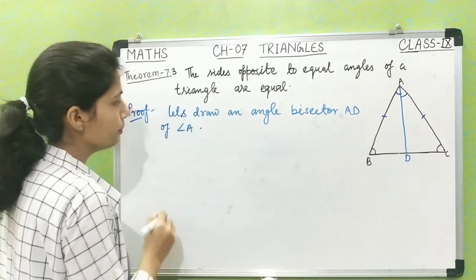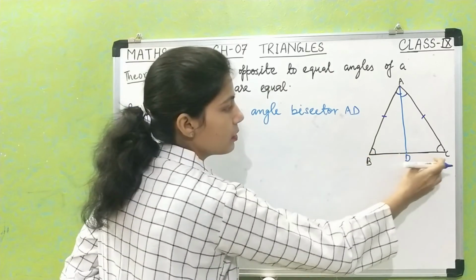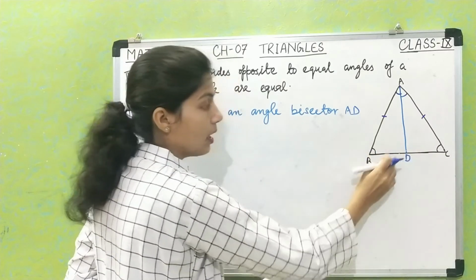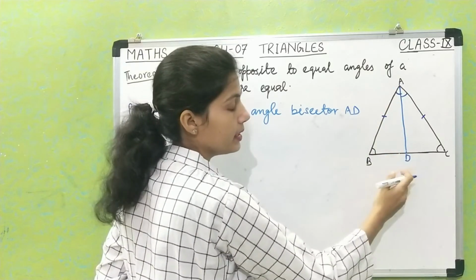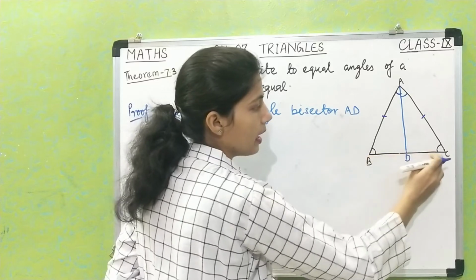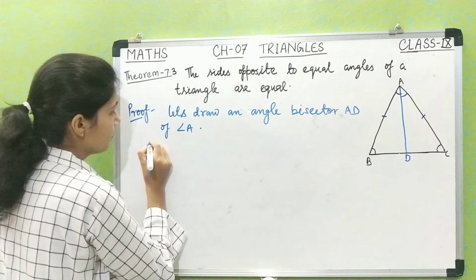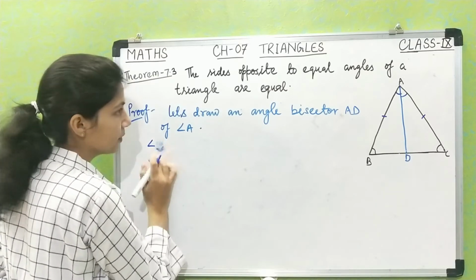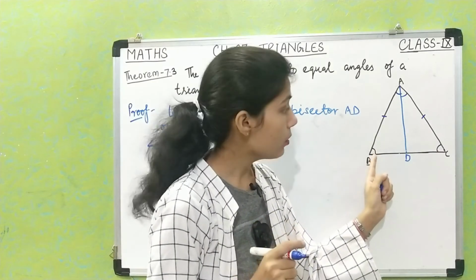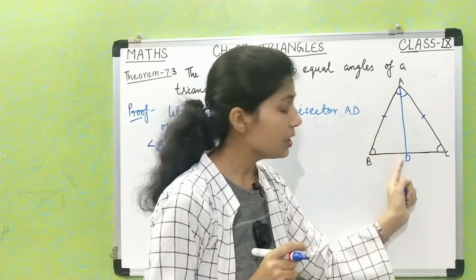Since it is given that angle B is equal to angle C. Now after dividing the whole triangle ABC into two triangles ADB and ADC, these angles B and C are parts of these triangles. So angle B, or you can say angle ABD, because now this angle B is not only a part of triangle ABC, it is a part of ABD also.